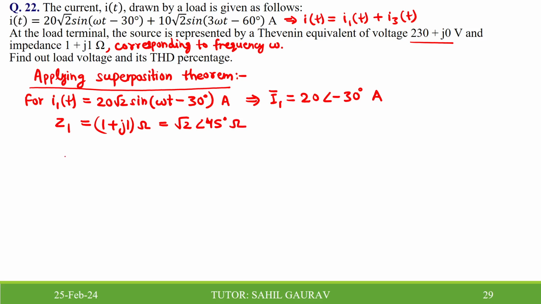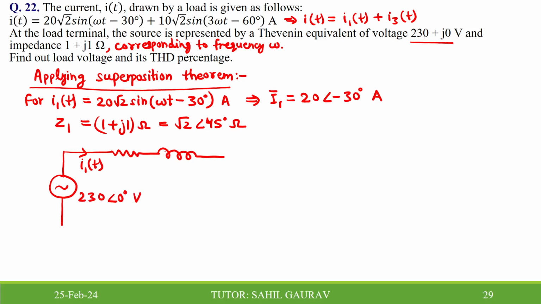Now making the circuit, this is I1T and source is 230 at the angle of 0 volt, and this is 1 plus J1 ohm.